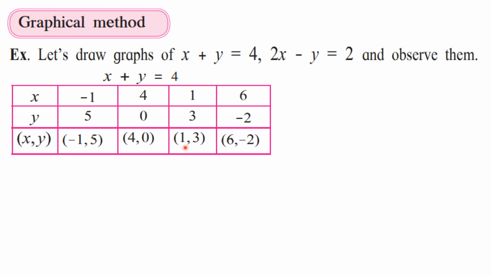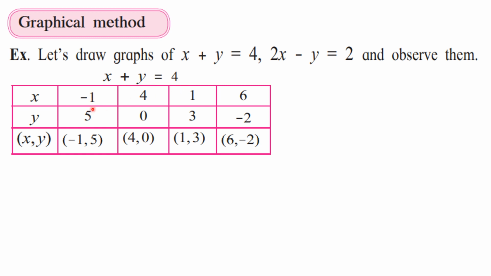The care you have to take is that the numbers should not be very big, because our graph paper is limited. We cannot plot numbers like x equal to 10 or x equal to 12 there. Not possible. So go for smaller numbers. Here you have to take one value and accordingly find the second value.